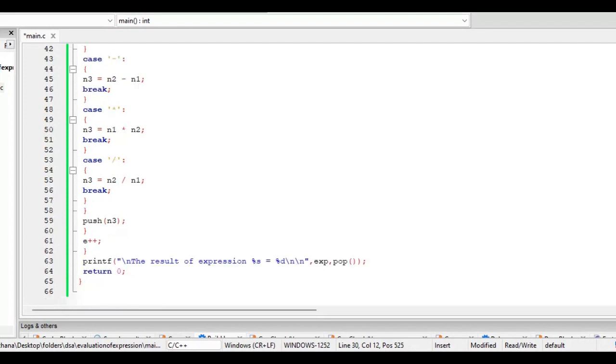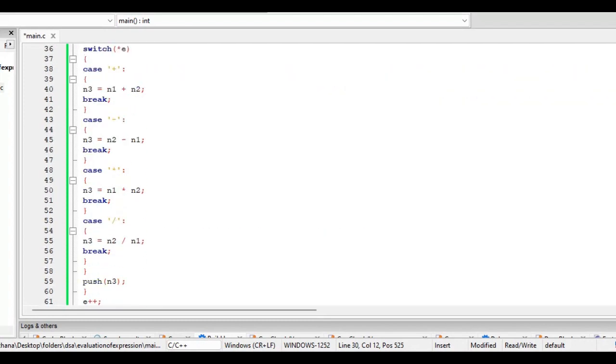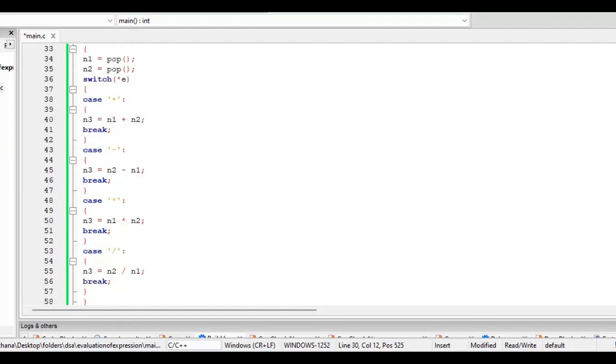Then after that, what is e? As I told before, e is just one element. E stores only one element, so it must move to the next element for further processing. Till it reaches the null value, it must move in the loop.